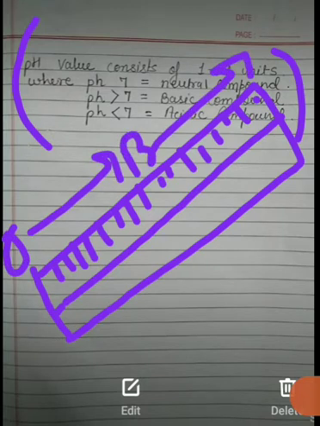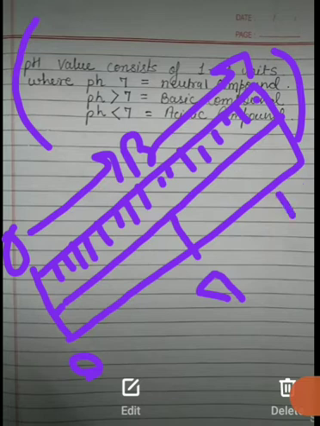These are the changes in color. Here what you see, there is also a partition of numbering. Suppose here we start from 0. Here in the very middle there is marking of 7, and at the very last there is marking of 14. Let me draw 14.